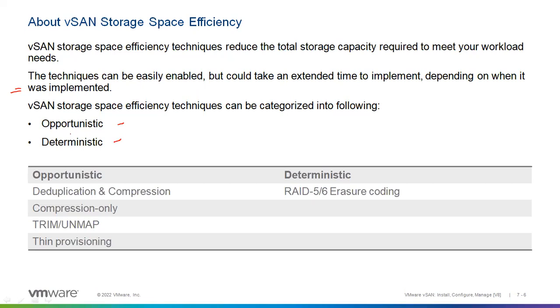Opportunistic means just seeing the opportunity, where we can do that. These are dedupe and compression, thin provisioning, TRIM or UNMAP. Deterministic means we have already made the determination to apply erasure coding with RAID 5 and RAID 6.